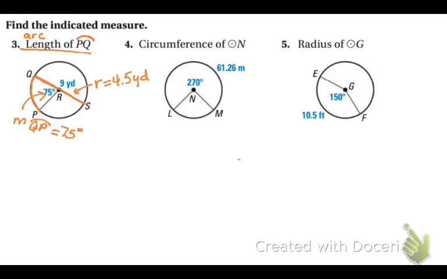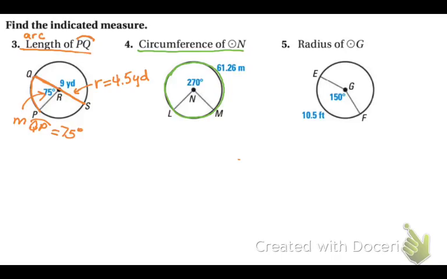Okay, I'm going to do this in a different color. Okay, so here we're looking for the circumference of the whole circle N. We're not looking for an arc length, we're looking for a circumference. Okay, all the way around.